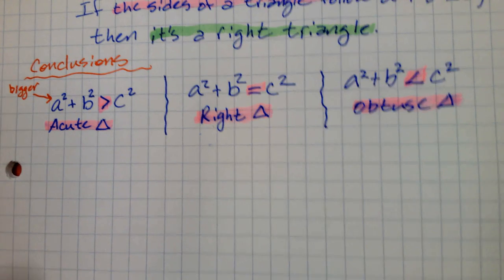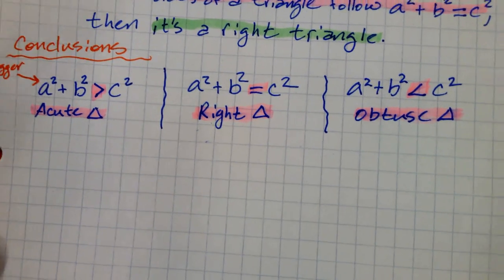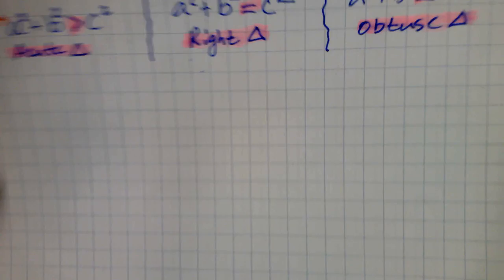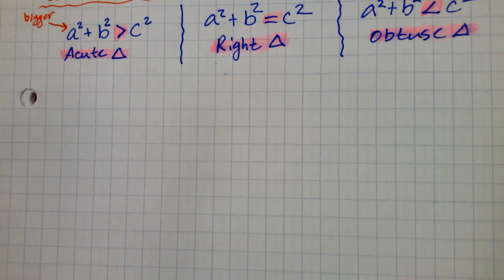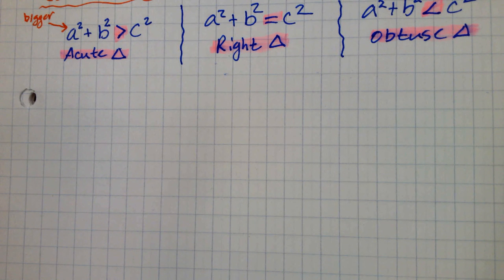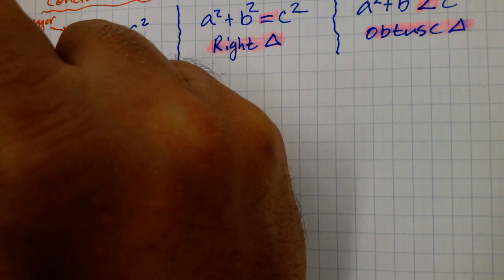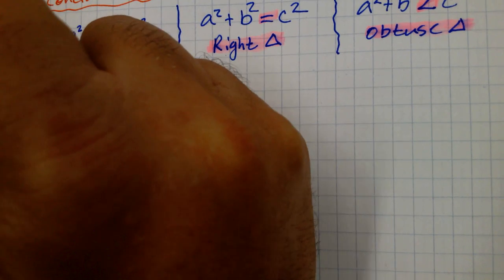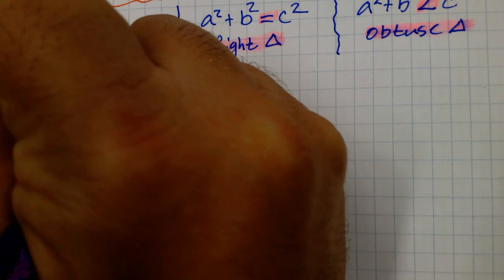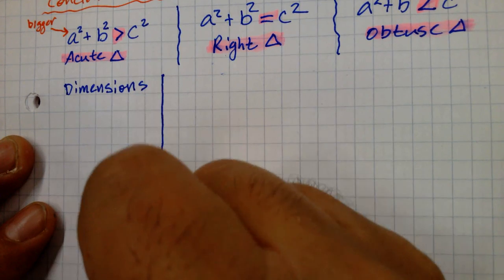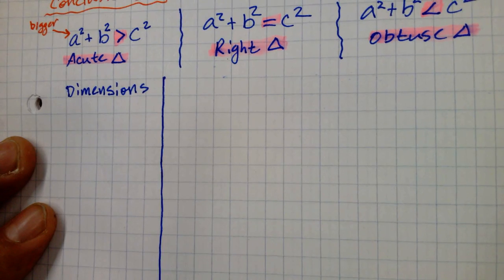I'm going to give you the dimensions of a triangle, and we're going to have to decide what type of triangle we have. Okay? So over here, let's write down dimensions, and we'll make a column for that, just all the way down.